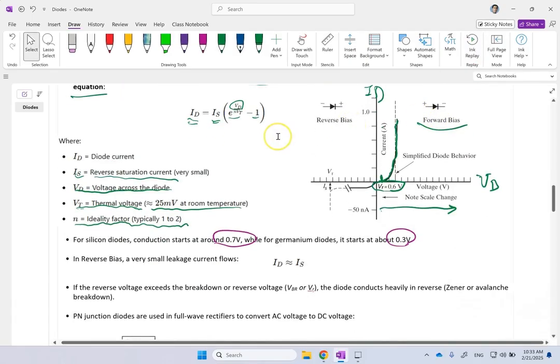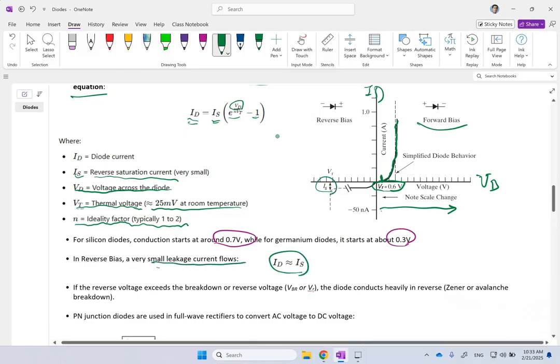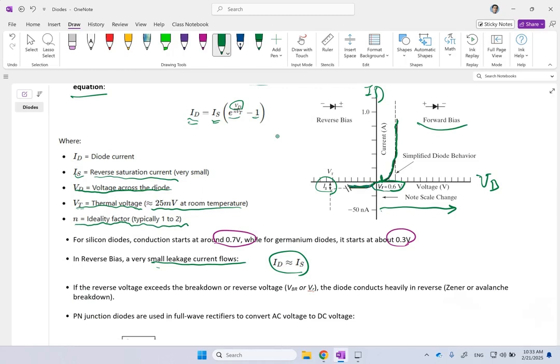Now in the reverse bias, all you have is just the IS current. That's what we call the reverse saturation current, which is basically a very small leakage current. Okay, and you can see that here. So in the reverse direction, you only get a very, very small current, which is basically negligible.